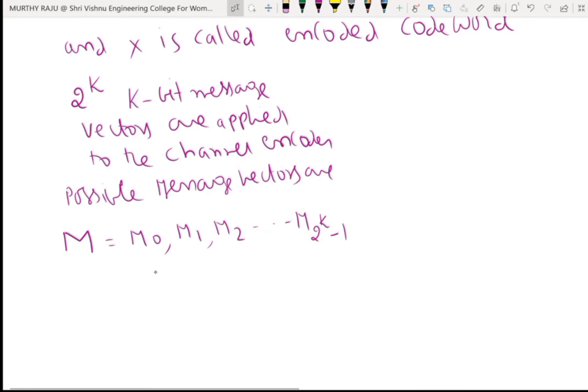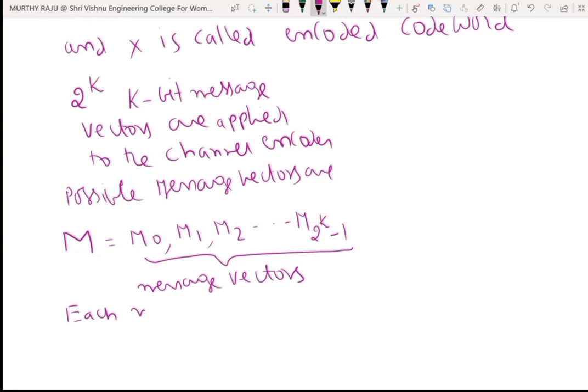Here M0, M1, and M 2 power k minus 1 are the message vectors. Each message vector consists of k information bits.